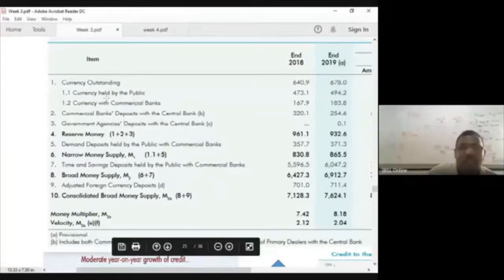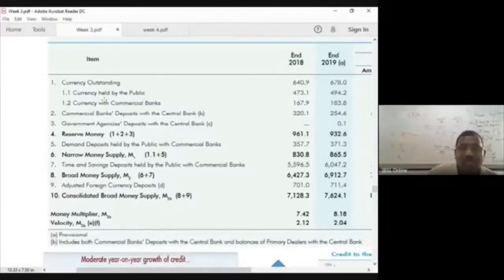If you look at the annual report chapter 7, you have this table. So as I said, the reserve money is the sum of the first three components actually: currency, commercial bank deposits in the central bank, and government agencies' deposits. I told you this third one is very negligible. You can omit it. So ideally, reserve money is the sum of 1 and 2.